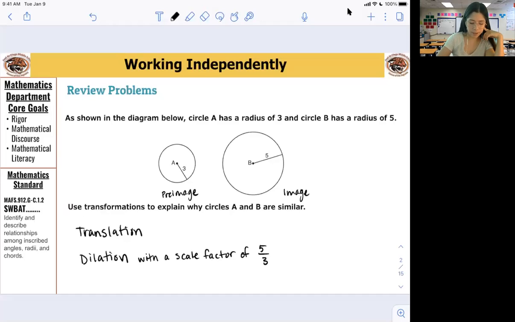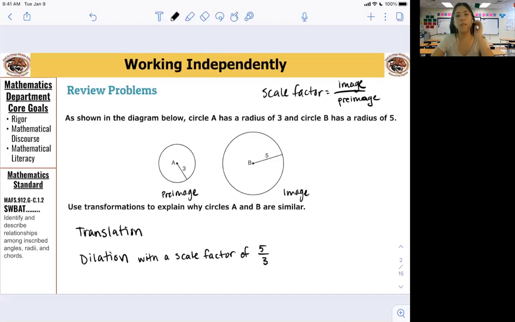As a reminder, scale factor is image over pre-image. Okay, any questions so far?